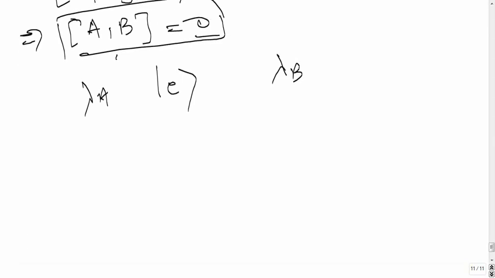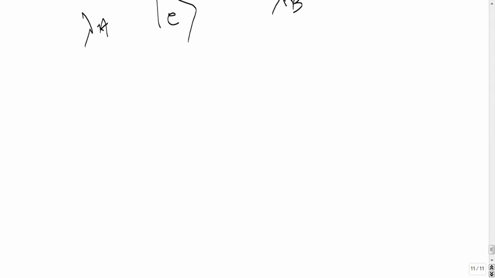So going further, we can generalize the measurement postulate for a single observable, as discussed earlier, to the measurement of several compatible observables.